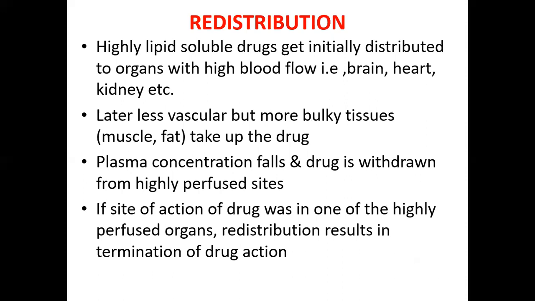And then they also diffuse out of the brain through blood circulation and are redistributed in the muscles, fat, etc. Muscle and fat take up the drug. So plasma concentration falls and the drug is withdrawn from highly perfused sites.